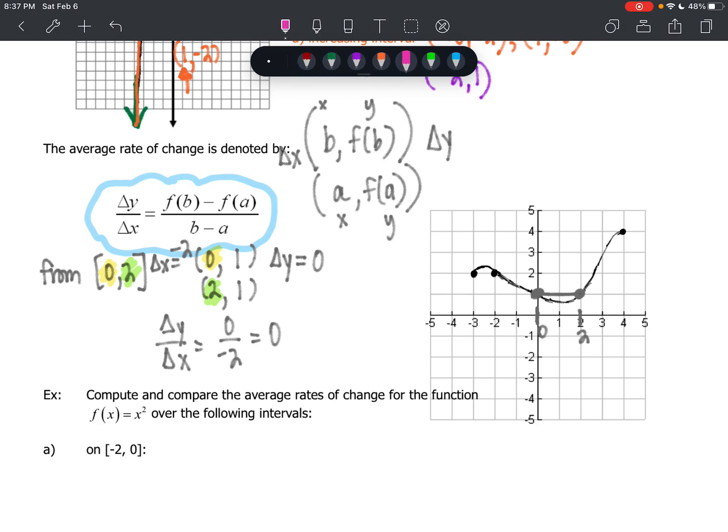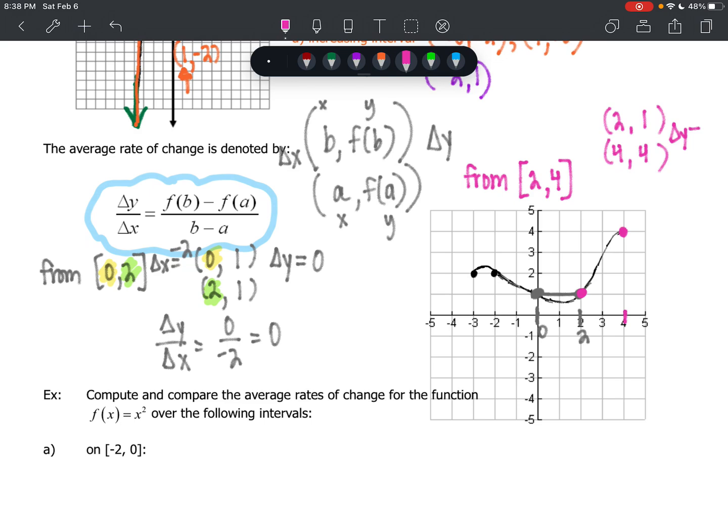Let's look at from x equals 2 to x equals 4. Well, when x is 2, we have a 1 for y. When x is 4, we have a 4 for y.